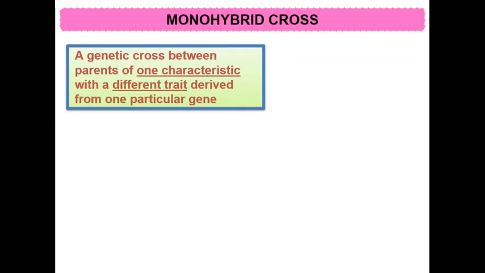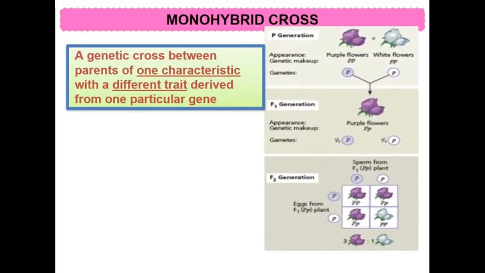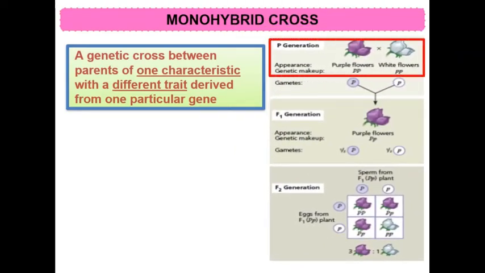The parental organisms involved in this cross are purebred, either homozygous dominant or homozygous recessive. For example, the crossing between a pea plant with purple flower, capital PP, with a pea plant with white flower, lowercase pp.